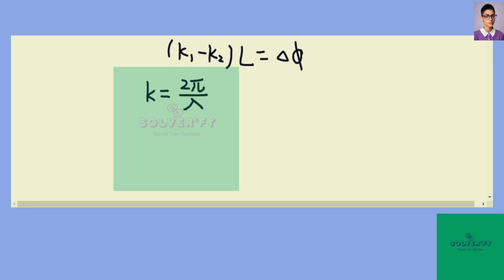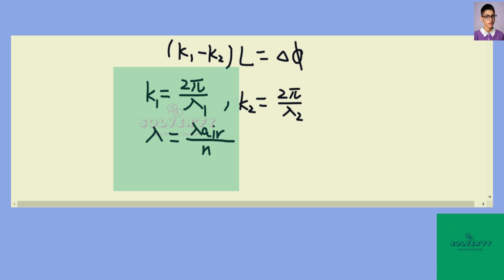So let's say K1 is equal to 2 pi over lambda 1, and K2 is equal to 2 pi over lambda 2. The wavelength is equal to lambda air divided by the refractive index of the different material.